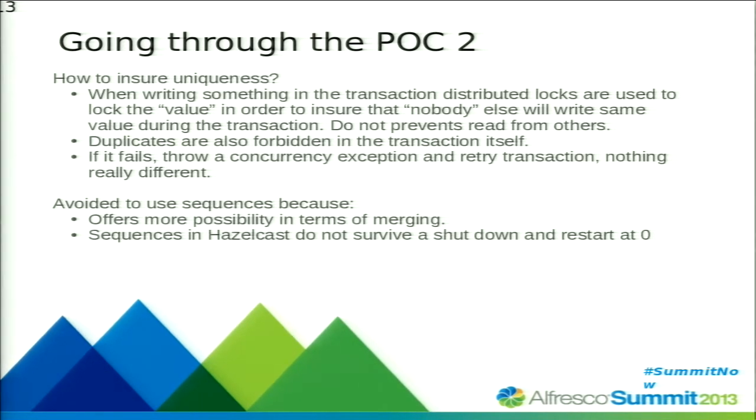Therefore, the idea is to use it the same way, and do what we do in Alfresco. When we start a transaction, we are using the retrying transaction helper that retries the transaction. It would be basically the same principle, no different pattern there. That's how we could implement and manage the concurrency.